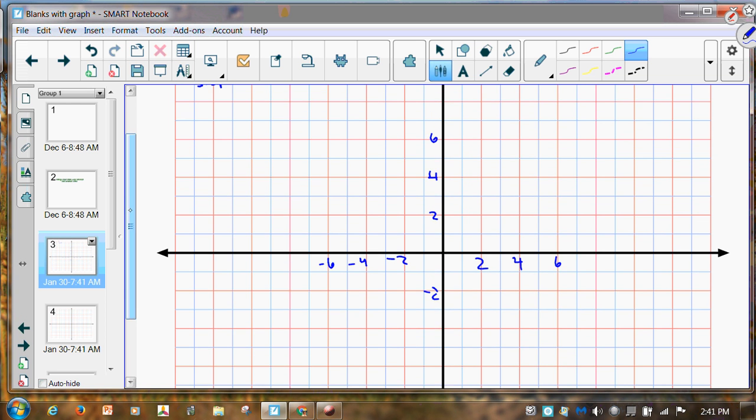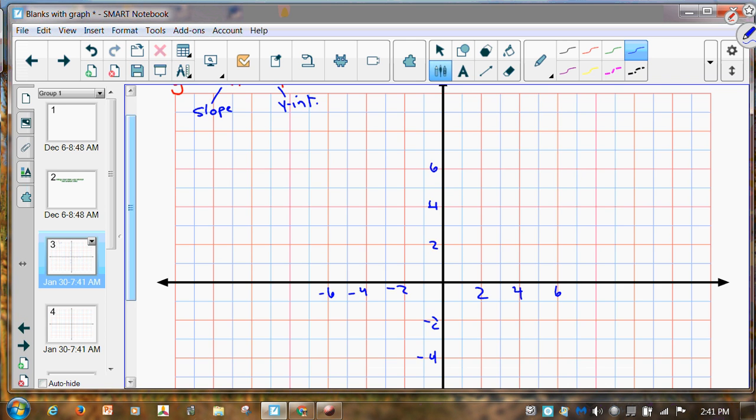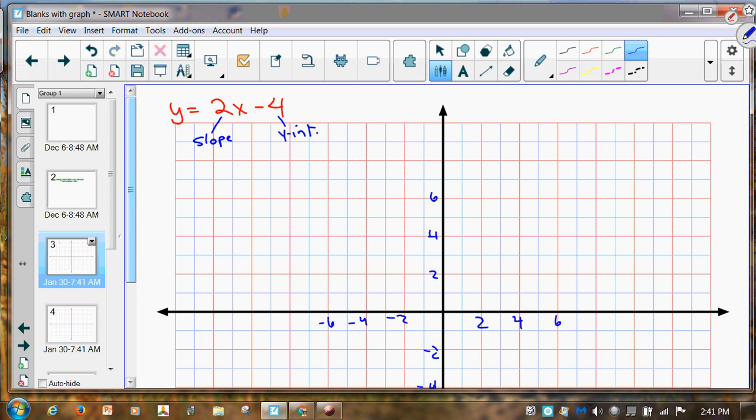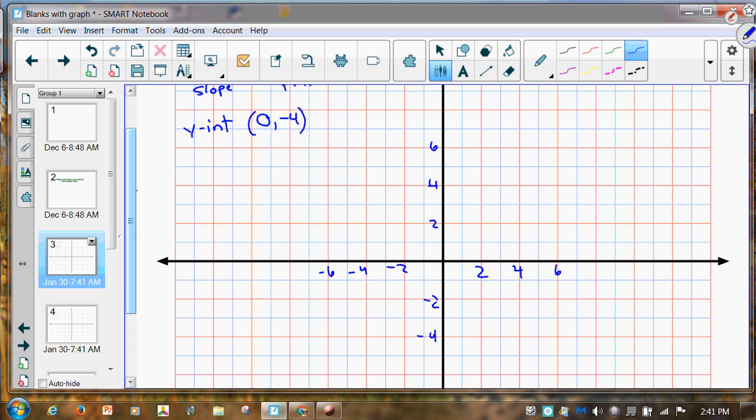Remembering that if we plug in 0 for x, we will have y equals minus 4, so our y-intercept then would be 0, minus 4. So we'll plot that, okay?